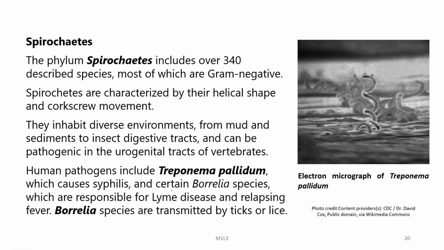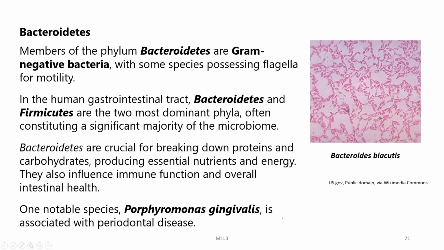Human pathogens include Treponema pallidum, and you can see the electron micrograph of this particular pathogen here, and this causes syphilis, and certain Borrelia species which are responsible for Lyme disease and relapsing fever. Borrelia species are transmitted by ticks or lice.